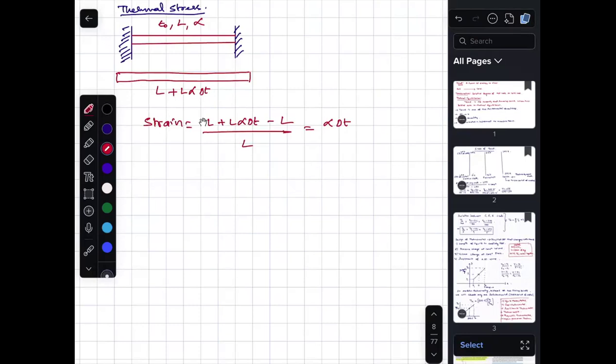Strain has no units. Right. What is stress? Young's modulus times strain. Y alpha delta T. And this is called thermal stress. You will see this stress in the rod.